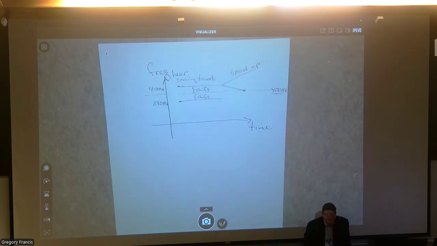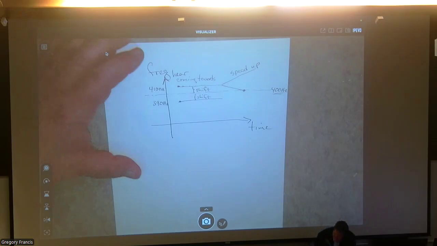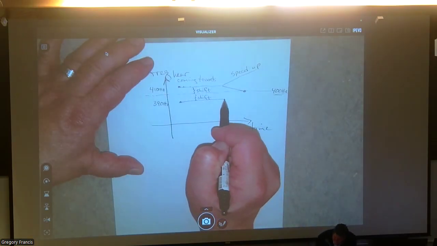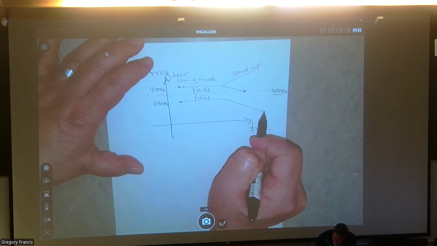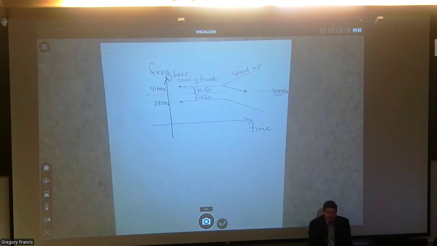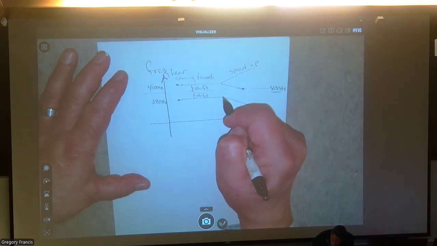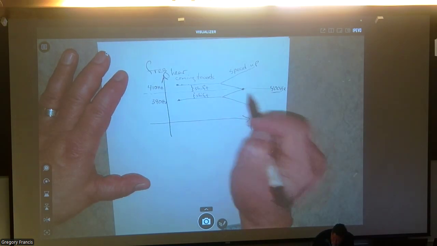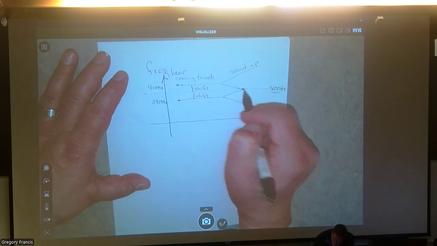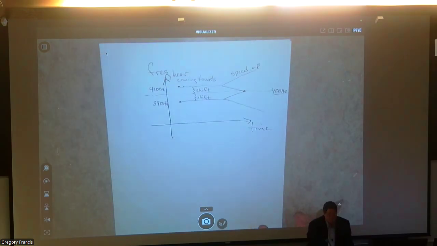So if that police car moving away from you speeds up, the shift away from 400 is going to get bigger, and the frequency that you hear is going to go like that. On the other hand, if that car going away from you is slowing down, the shift is going to get smaller. And eventually, there will be no shift. When it stops, you'll hear the 400 hertz.